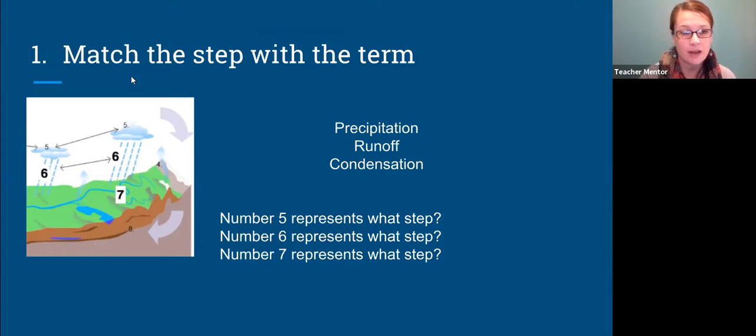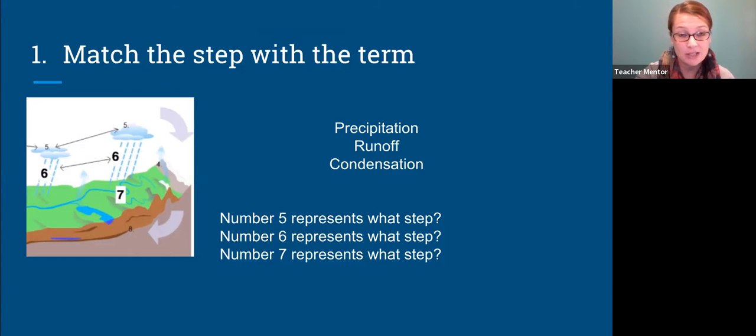So number 5 is right up here. So what step would that represent? Condensation. Why? Because that's when the clouds form. Very good. Excellent. Clouds are formed in condensation.